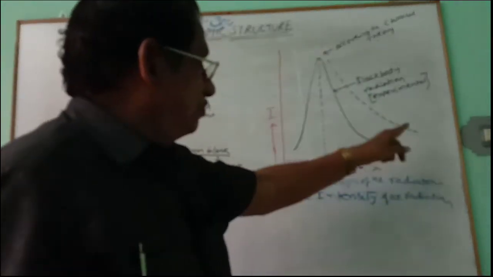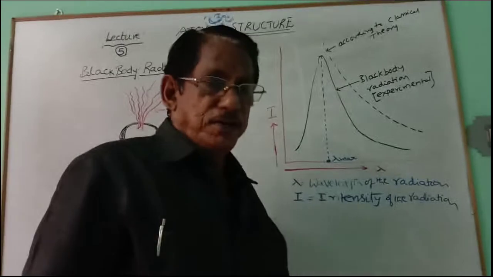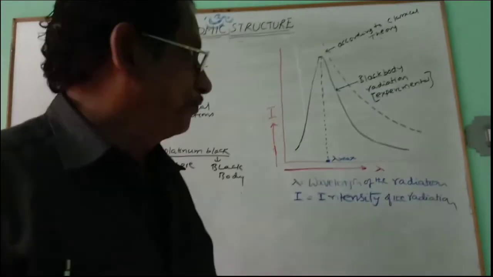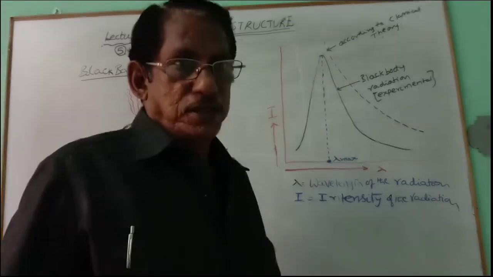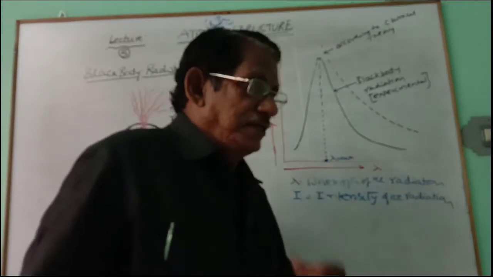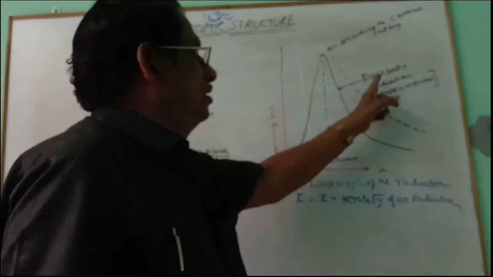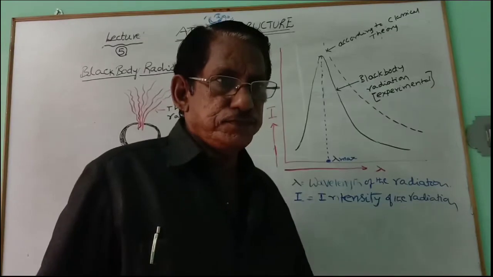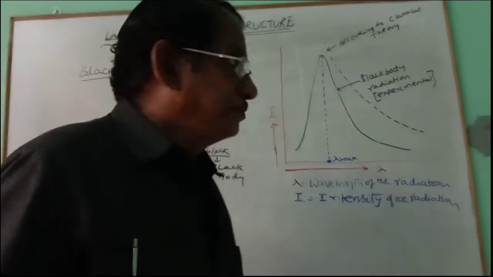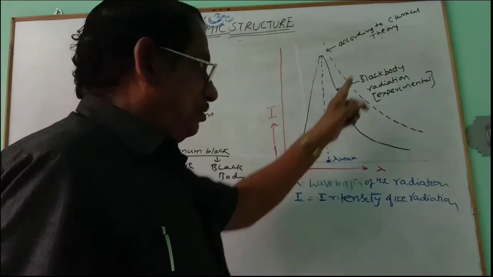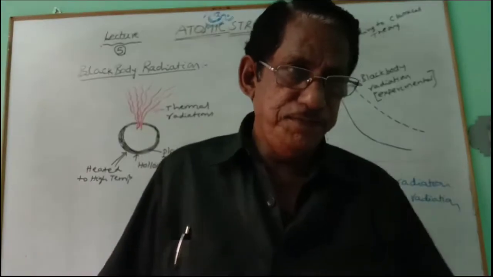This sort of curve is to be obtained according to classical theory. But if you plot a graph experimentally, this is the graph shown by black body radiations. That means this theory was unable to explain the phenomenon exhibited by the black body.